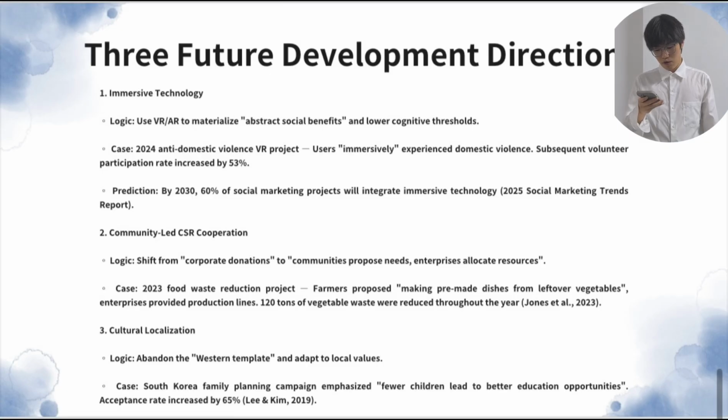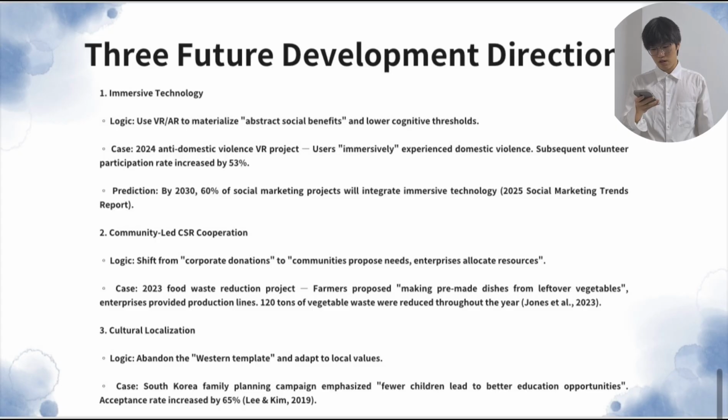Farmers put forward the need to make pre-made dishes from leftover vegetables, and the enterprise provided production line support. In the end, 20 tons of vegetable wastage were reduced that year. This is from Jones' 2023 report.